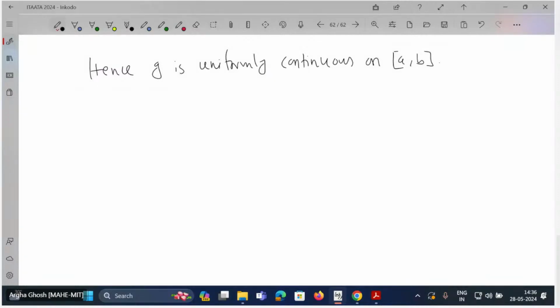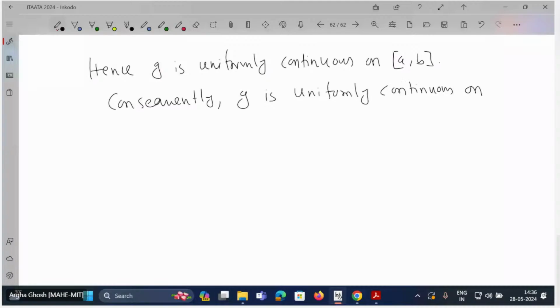So now if we have a function which is uniformly continuous on a set A, then it will be uniformly continuous on any non-empty subset of that set. Okay. So consequently g is uniformly continuous on open interval (a, b).